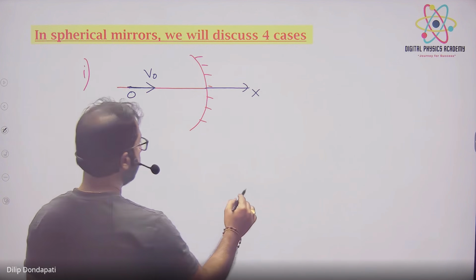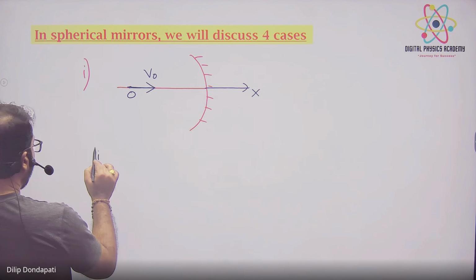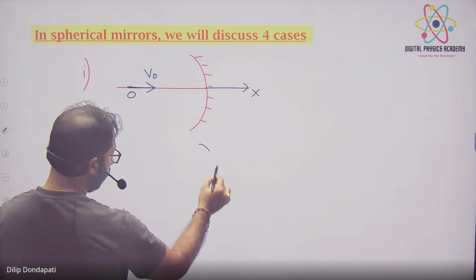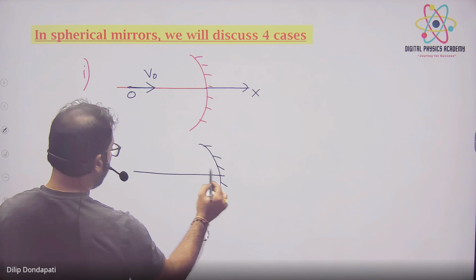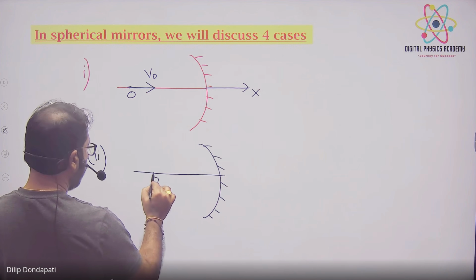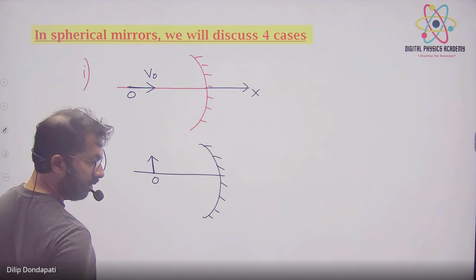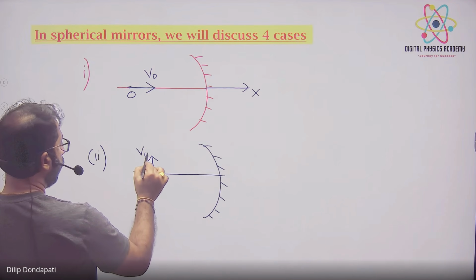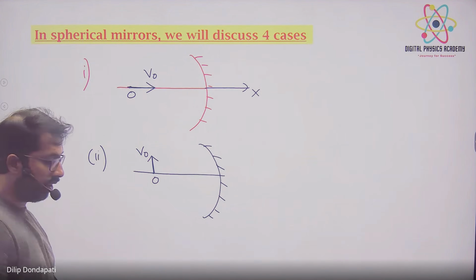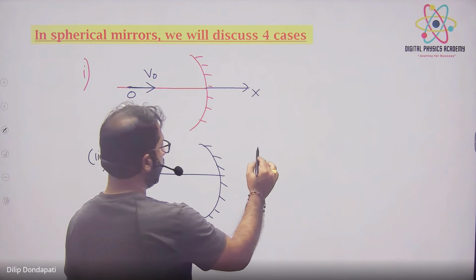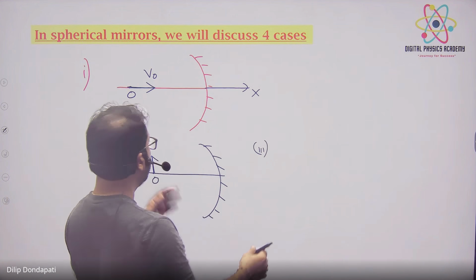Second case. Spherical mirrors. Now object is going perpendicular to the axis with velocity v naught. Third case. It went in the x direction, and in the y direction.